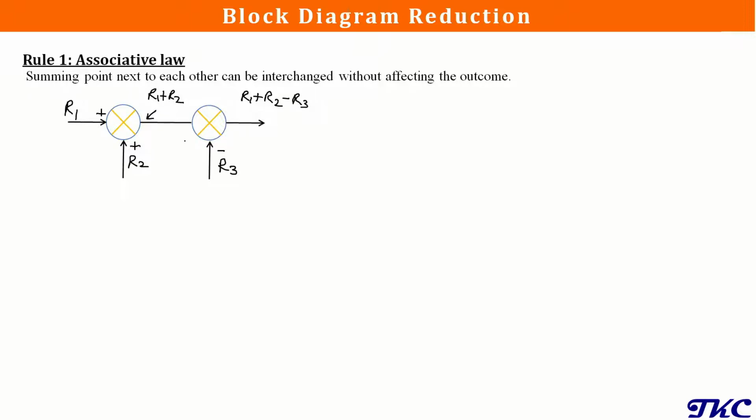Now let's see if we interchange these summing points, whether we are going to get the same result or not. Again, here we have an equivalent, and let's see what we get. The incoming signal is R1, which is positive, and now the signal we have changed.